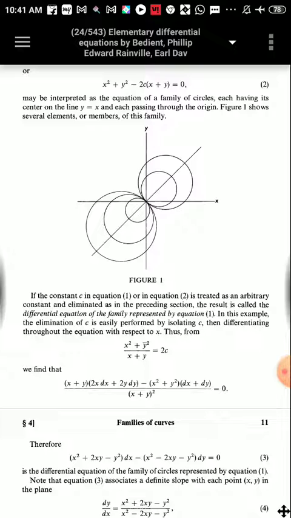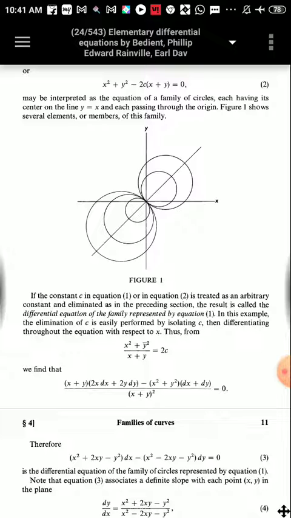In this example, the elimination of c is easily performed by isolating c, then differentiating throughout the equation with respect to x.